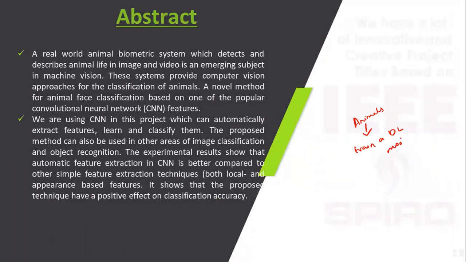A DL model is nothing but a deep learning model where we use a CNN algorithm. After training on these images, we are going to deploy our model in a GUI, the graphical user interface. Once we deploy our model and give a new image to the GUI, the model will classify which type of animal it is.